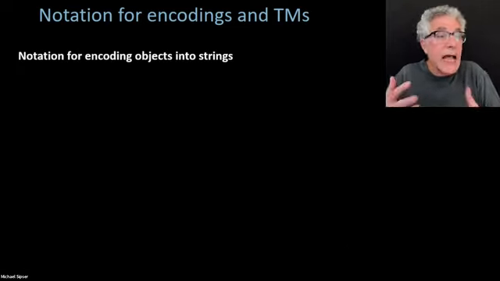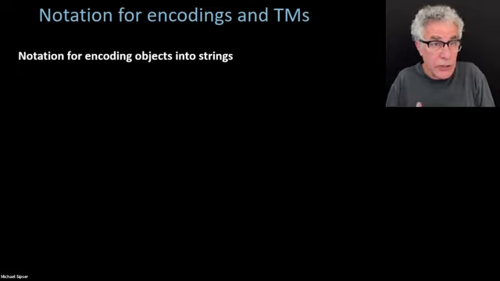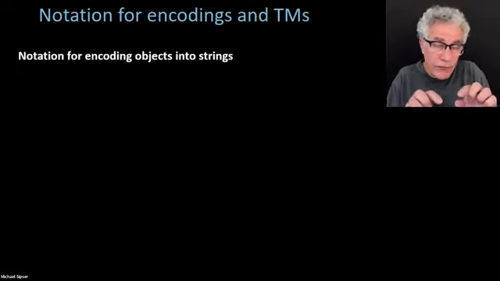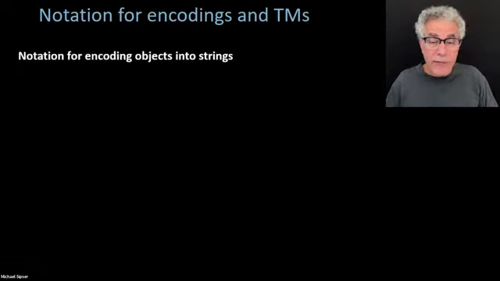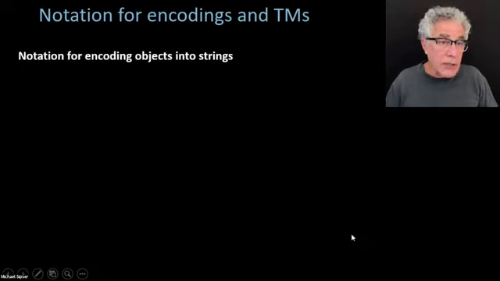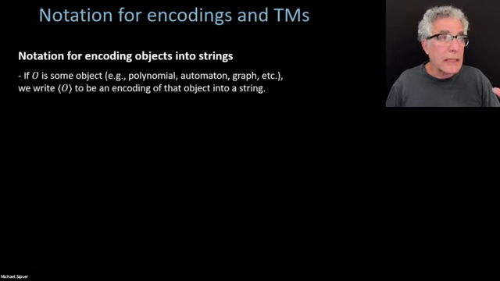We might want to feed automata into the Turing machines, so the Turing machine can answer questions about the automata. Well, don't forget, Turing machines take as their input just strings. So we have to think about how we're going to represent something more complicated like an automaton as a string. And I'm not going to get into the details of that. You could spell it out in detail, but I think it's not too interesting to get into that.